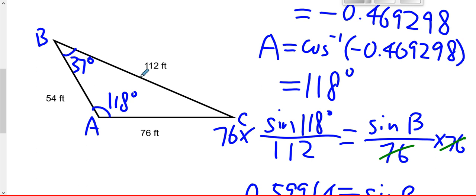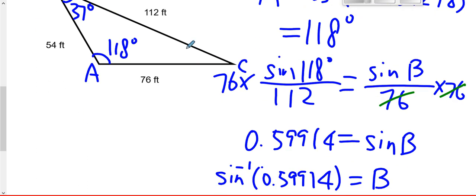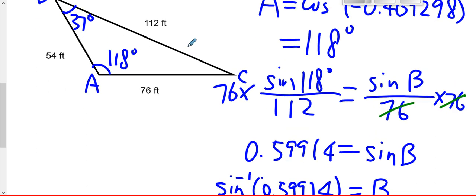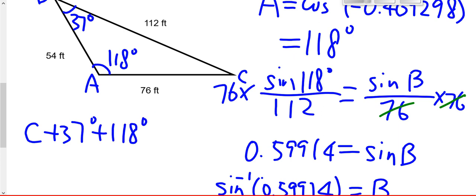And then angle C is definitely a piece of cake, so let me just do it over here. We know the sum of the angles is 180 degrees, so C plus 37 degrees plus 118 degrees gives you 180 degrees.